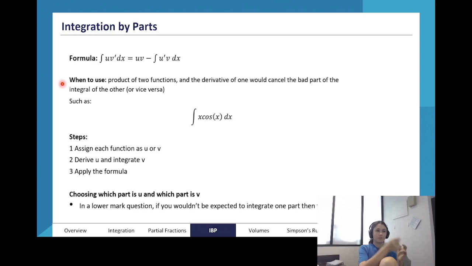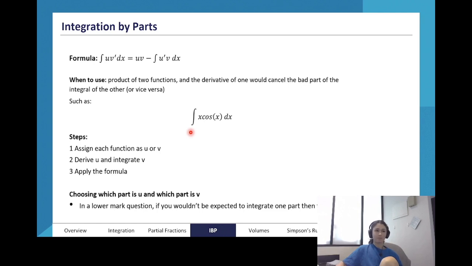right? So in this case here, we have two functions, and as we'll go through in a second, the bad part of one of these will cancel the integral of the other.